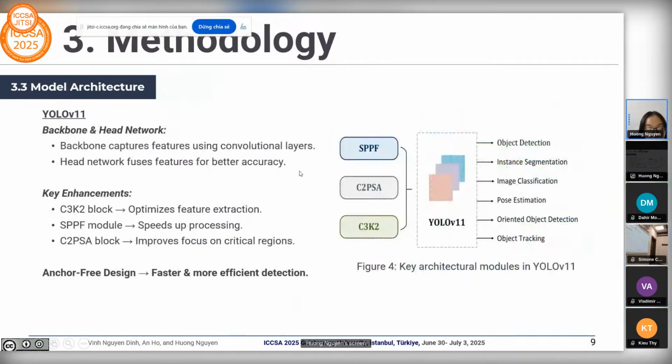And in our model, we use two main components in the model architecture: YOLO version 11 and an autoencoder for feature extraction. And first, let's talk about YOLO version 11.